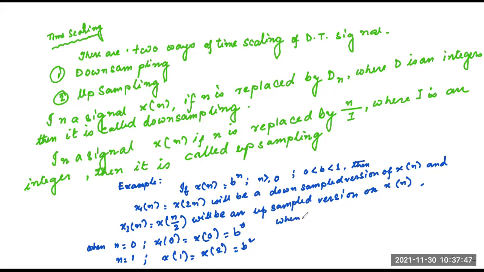When n equals 2, x1[2] equals x[4], that is equals b to the power 4, and so on.